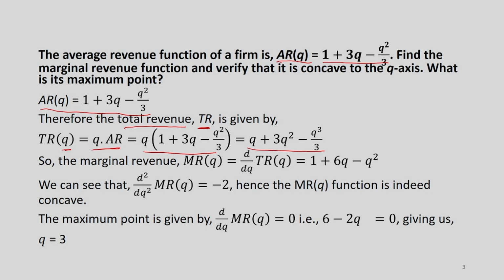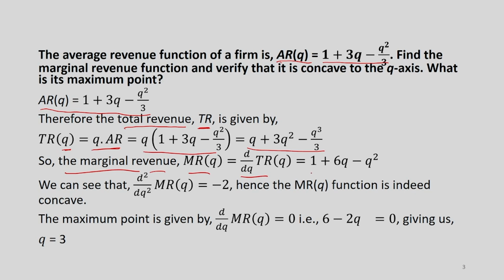From this, I can easily find out the marginal revenue, which we are calling MR as a function of Q, and it can be found out from the total revenue by taking the first derivative.